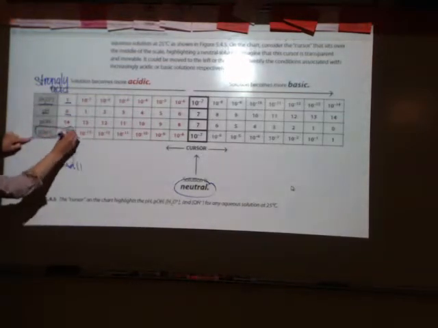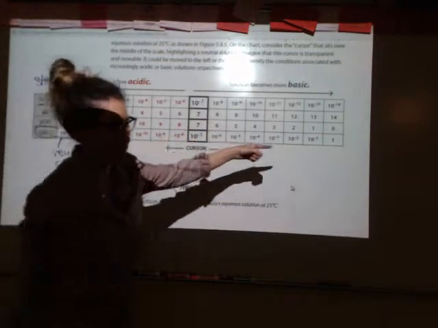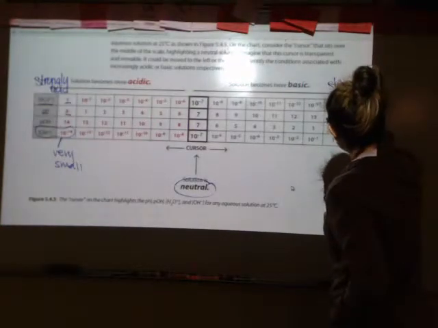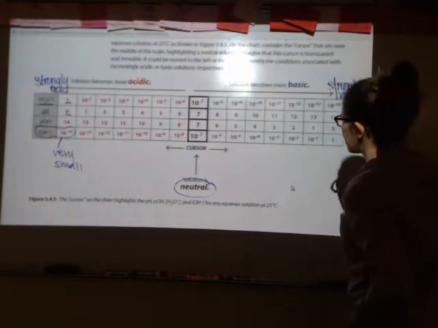and you would have a very small hydroxide ion concentration. Okay? If I go to the right-hand side of this table, you become strongly basic as your pH gets closer to 14. So if your pH is high, your pOH is going to be extremely low.